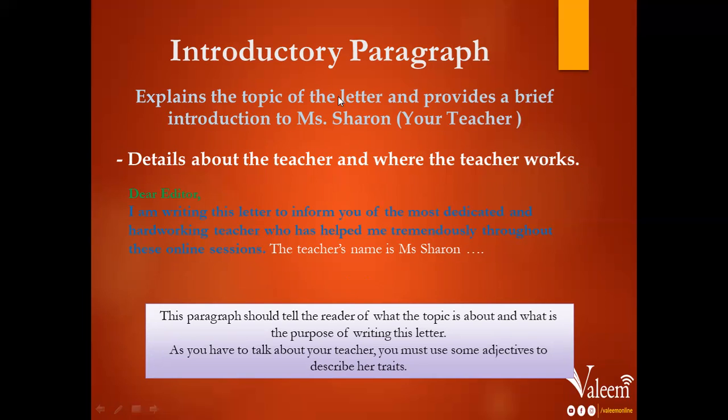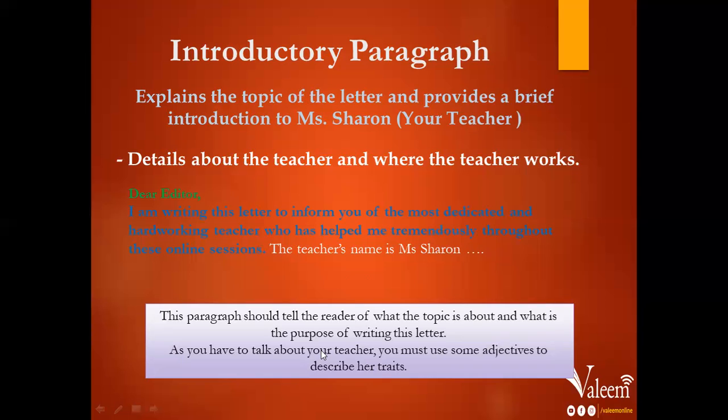I have selected a teacher, Miss Sharon, and I'm going to talk about that teacher. In the first paragraph, according to the question, I was supposed to provide details about the teacher and where the teacher works. You must explain and give details about the teacher, and you must write about the place where the teacher works.